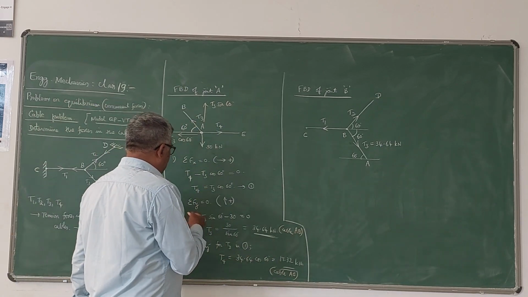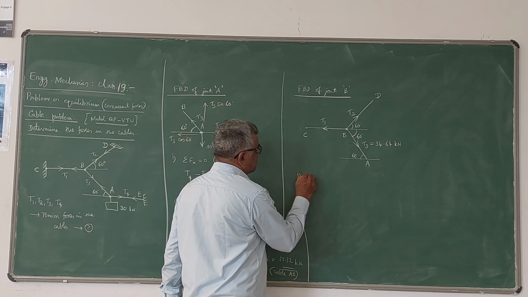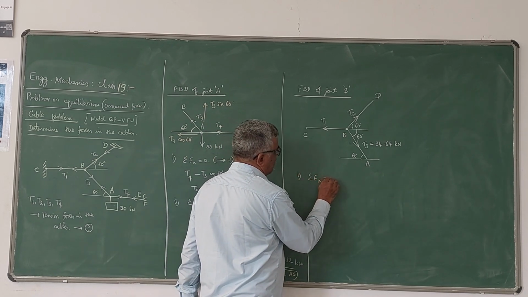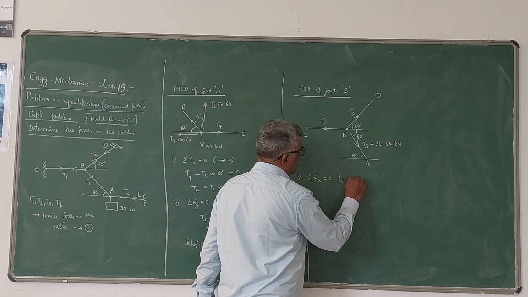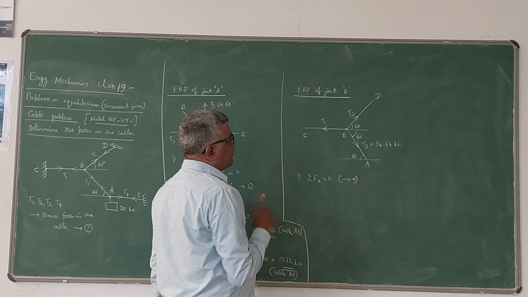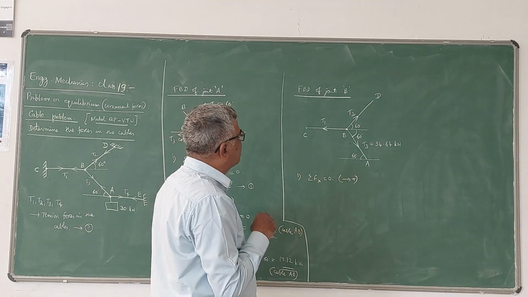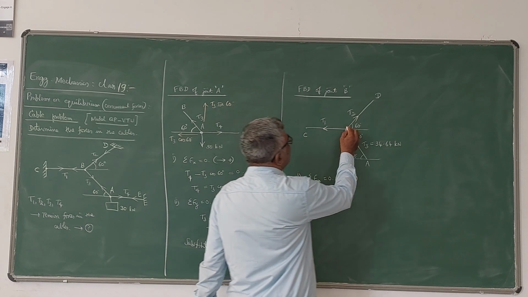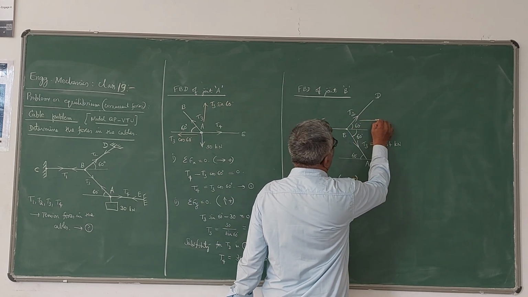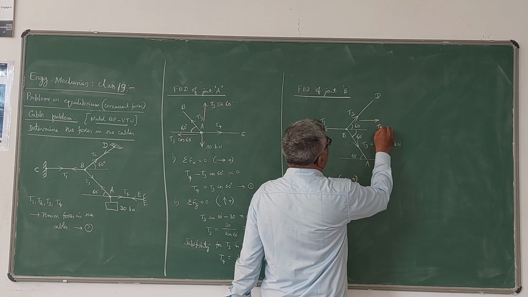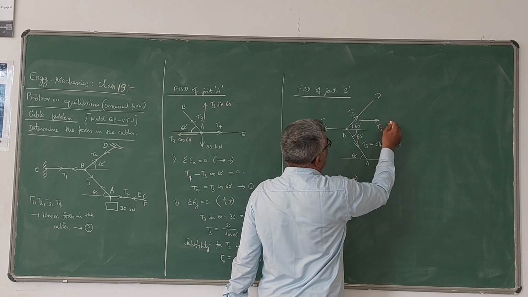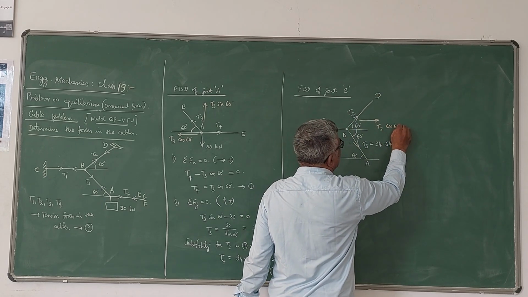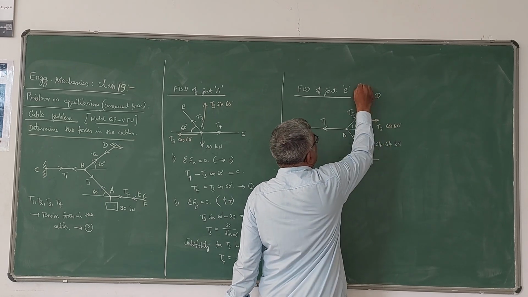For this joint, let us apply the equilibrium equations. Sigma Fx equals 0, forces acting towards right positive. Here we need to resolve both T2 and T3 forces because they are inclined. T2 is in the first quadrant, so T2 cos 60 towards right and T2 sin 60 upwards.